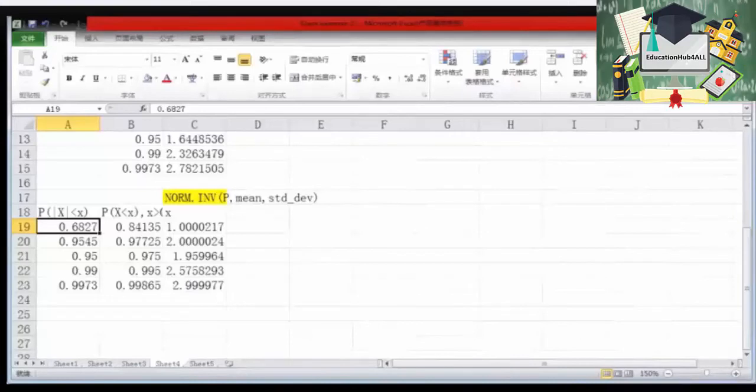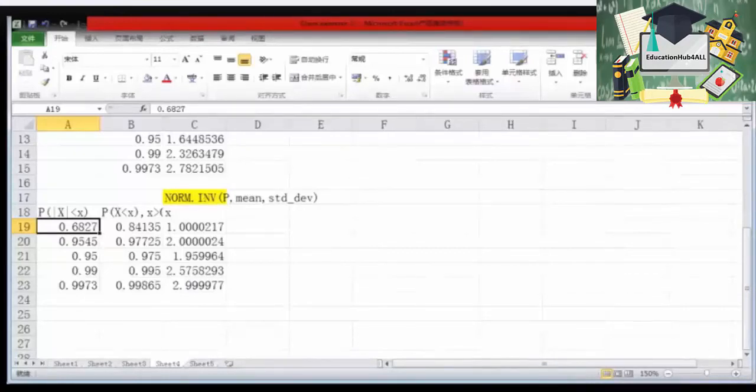We know this area has the value 0.6827. How large should the x be here? I'll just call it A. Of course, A is positive. A is always positive.